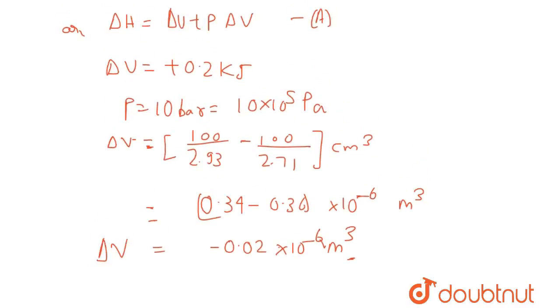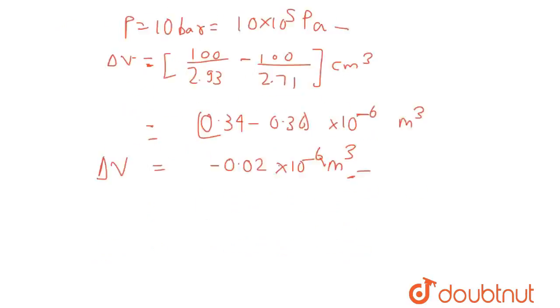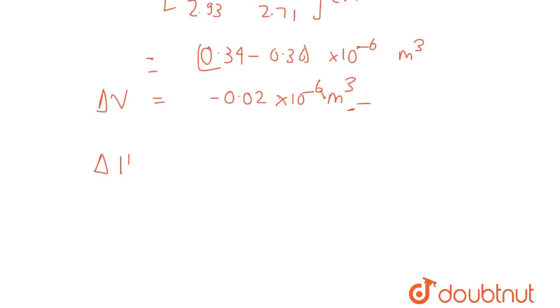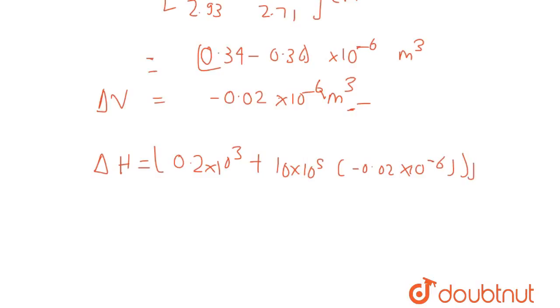Now putting this pressure, change in volume and change in internal energy in equation A, we have delta H is equal to 0.2 into 10 raised to 3 joules plus pressure, that is 10 into 10 raised to 5 pascals, into change in volume, that is minus 0.02 into 10 raised to minus 6. This whole will be in joule.